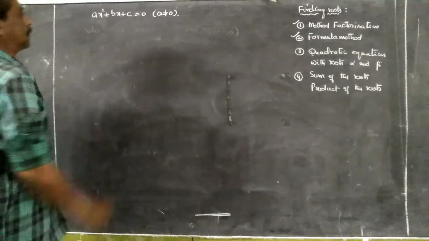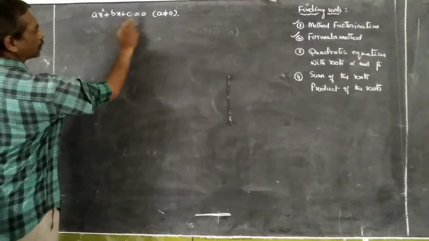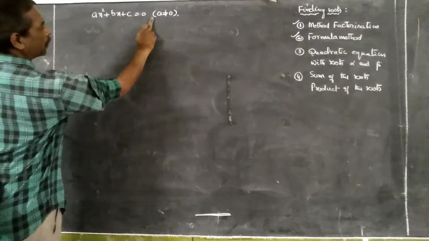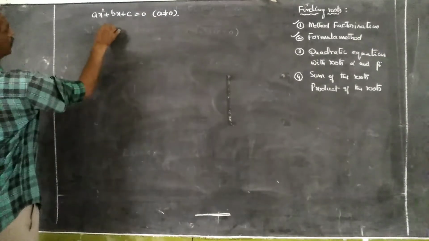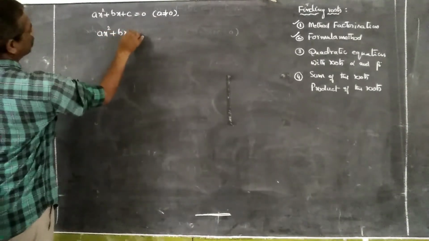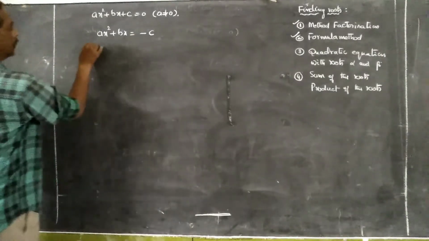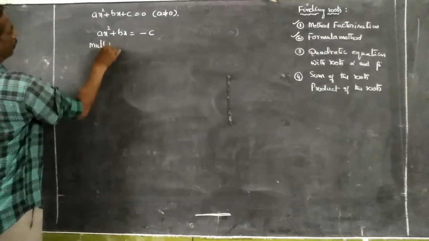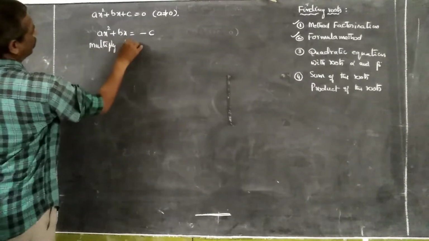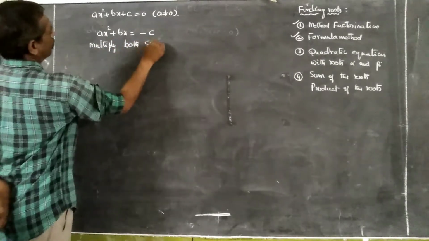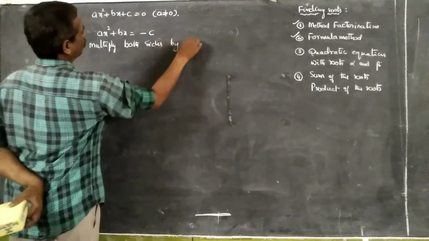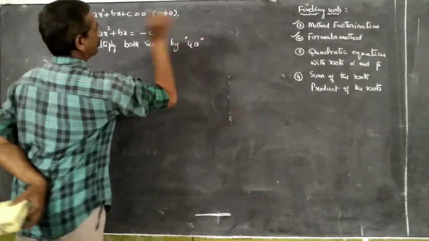So in this process, first you write the constant term on the RHS. Plus c on the RHS, then ax square plus bx is equal to minus c. Now multiply both sides by 4a.